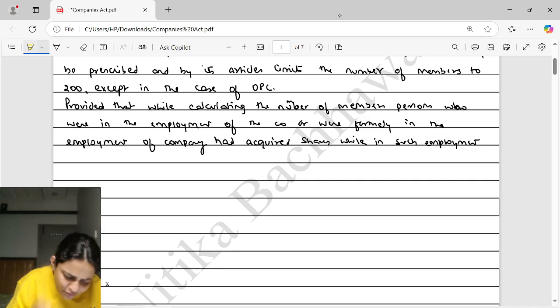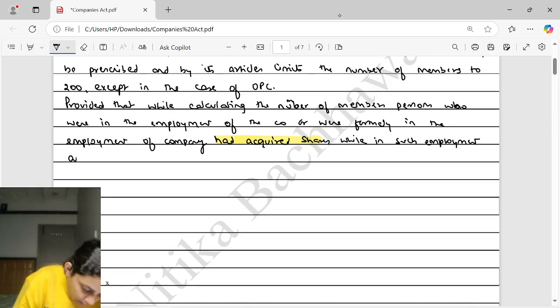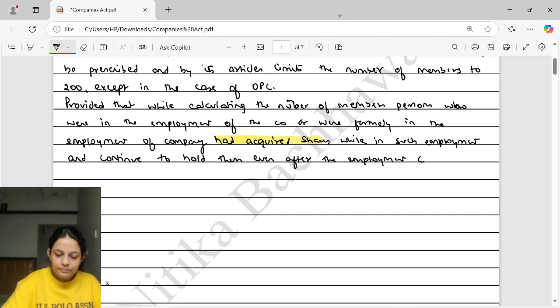Please, this is very important. Had acquired shares while in such employment and continue to hold them even after the employment ceases.